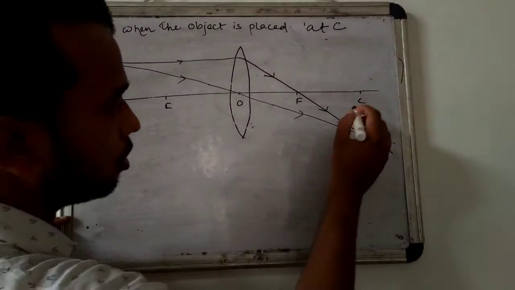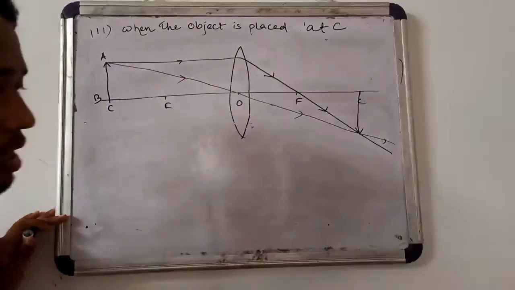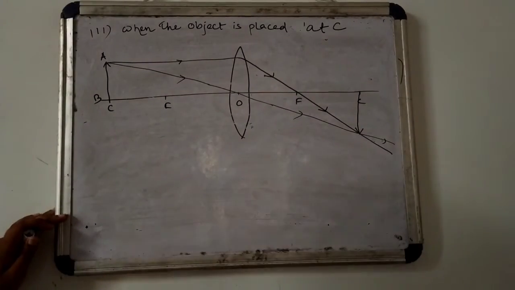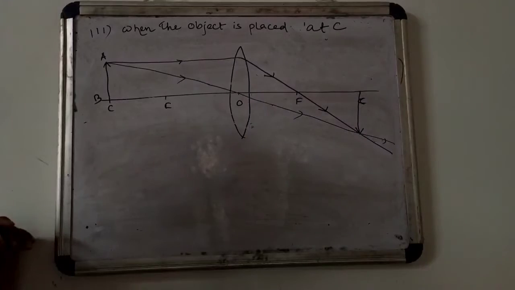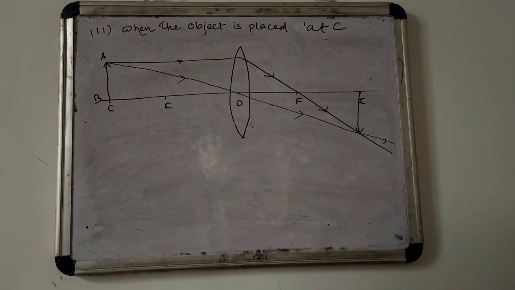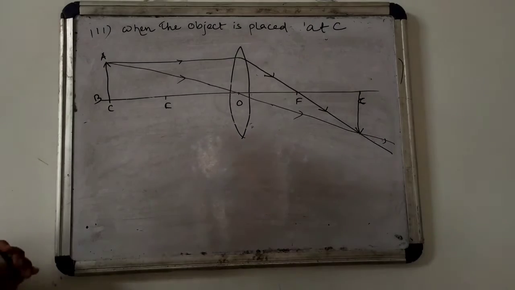So where do these two rays meet? Here, exactly at center of curvature. That means if we place the object at center of curvature, the image will also form at the center of curvature.